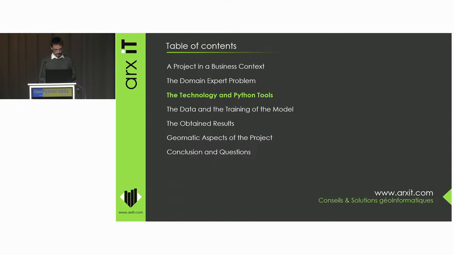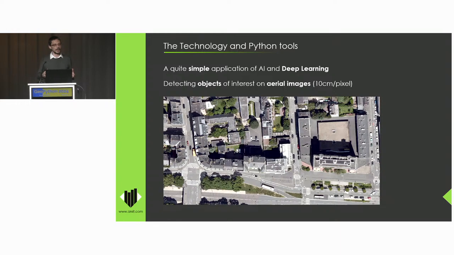So let's dive a bit into the technology and the Python tools that we developed in order to bring the client to be able to compute this inventory. Basically, this is quite a simple application of AI and GeoAI in front of the client's needs. It's just a question of leveraging aerial images in order to extract the parking spots from them.